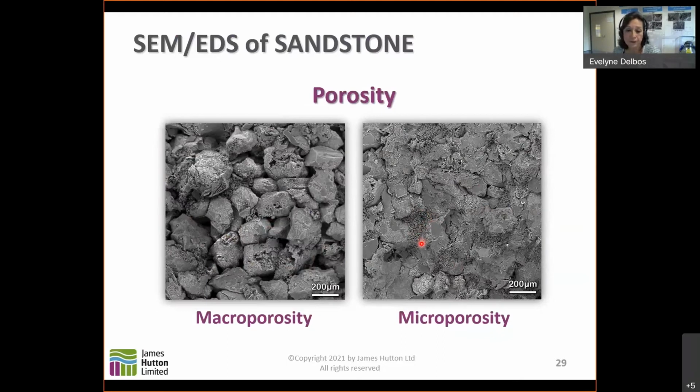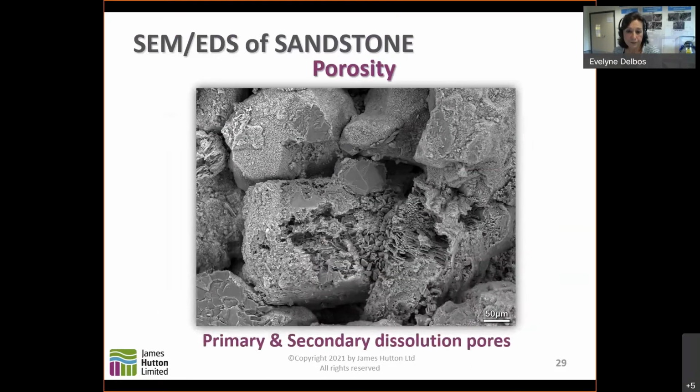So the difference between the macroporosity and the microporosity is that here we're going to have a very, very good permeability of the sandstone, whereas here the flow is going to be a lot slower, much lower permeability. Another difference in terms of porosity is primary pores versus secondary pores that come from the dissolution, in this case, of some feldspar grains.